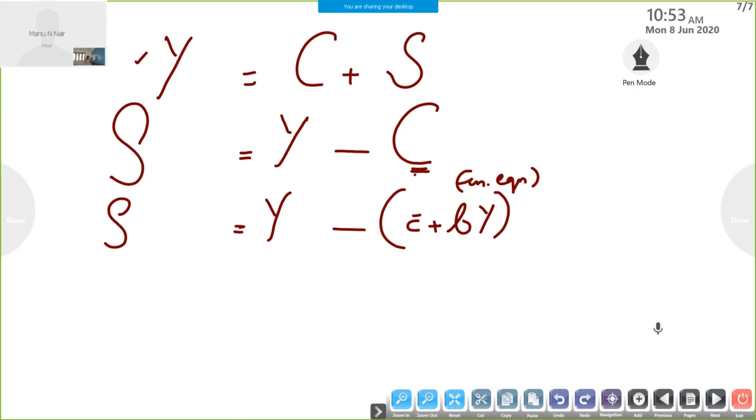Next I am going to open the bracket. How I will get? I get like this, Y minus into C dash, that is minus C dash. Next, minus into plus BY, that is minus BY. Just open the bracket, minus into C dash and minus into BY.